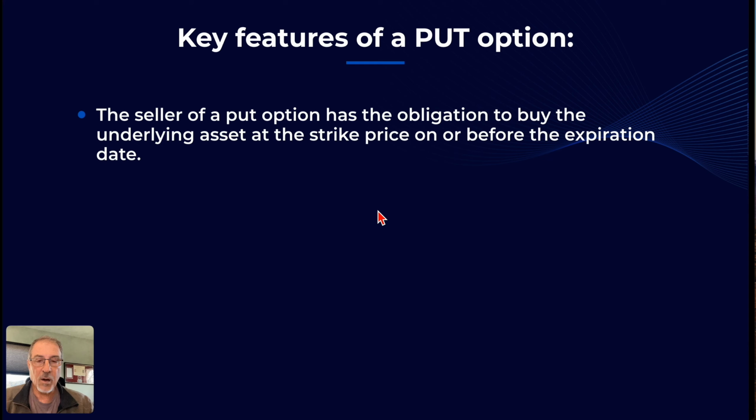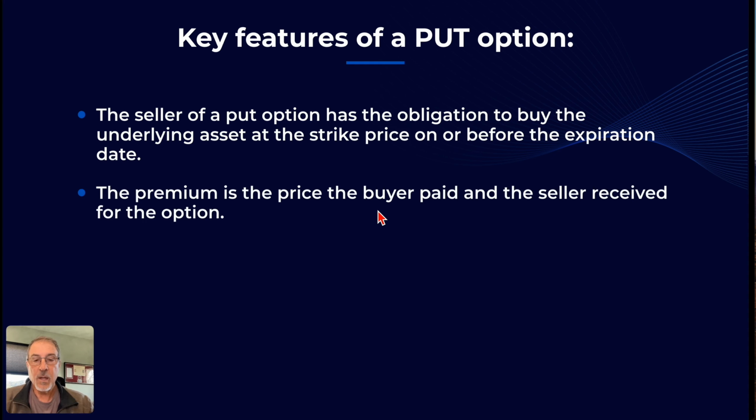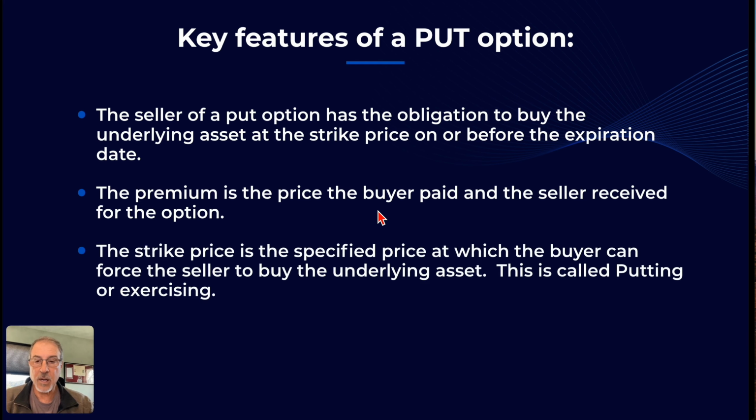So the seller of a put option has the obligation to buy the asset at the strike price on or before the expiration date. The premium is the price that the buyer paid to the seller and what the seller received for the option or the insurance contract.